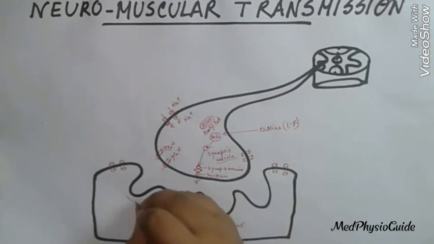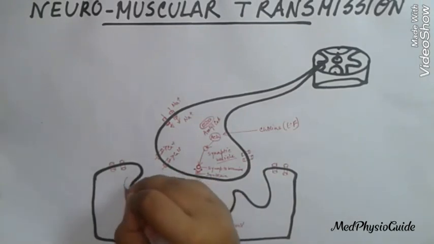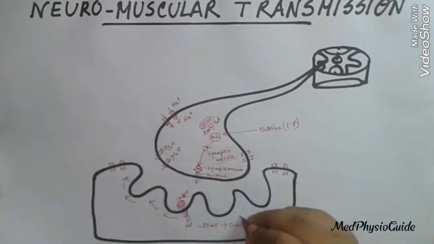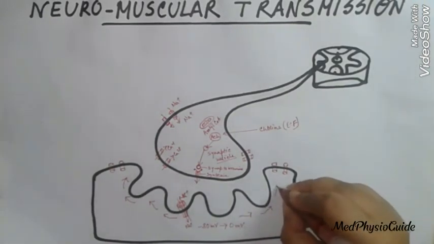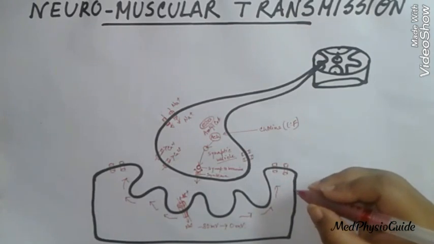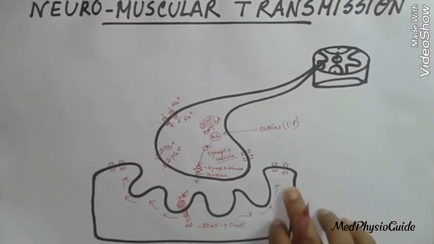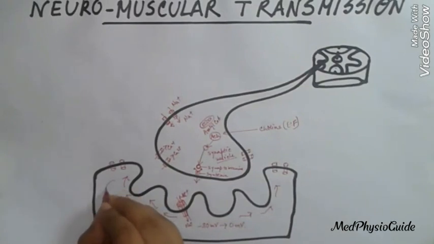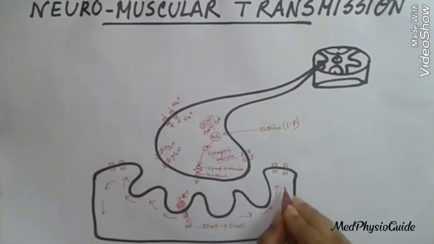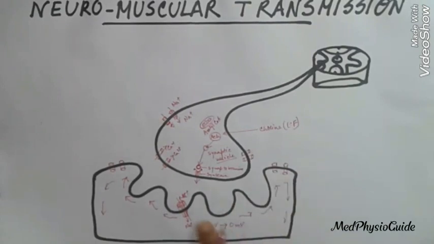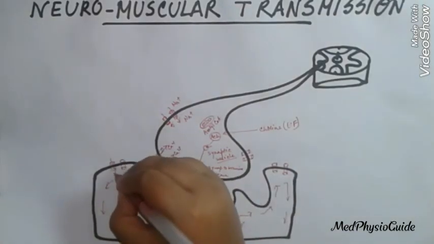Here we go. It traverses all up on both the sides, and on the other side let's draw it up. So it doesn't only go up, it even goes down, and it goes everywhere. The depolarization is going everywhere on the specific region of the muscle contraction, or on the region where the muscle should be contracted.